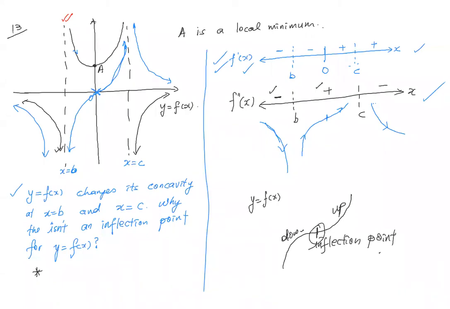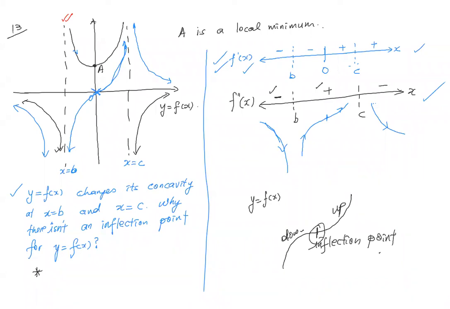Is it because the asymptote is not part of the domain? Yeah, but how are you going to answer this? The question says y equal to f(x) changes its concavity at x equal to b and x equal to c. Why isn't there an inflection point?